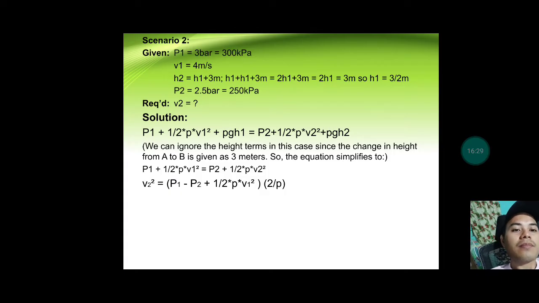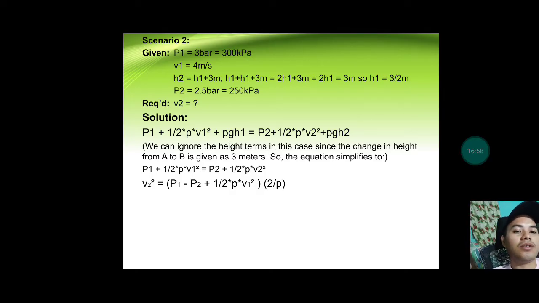So transfer V2 to the left side, and on the right side we will have P1 minus P2 plus 1/2 PV1 squared, times 2 over P, since 1/2 P was cross multiplied to the other side, so it will be converted into 2 over density.